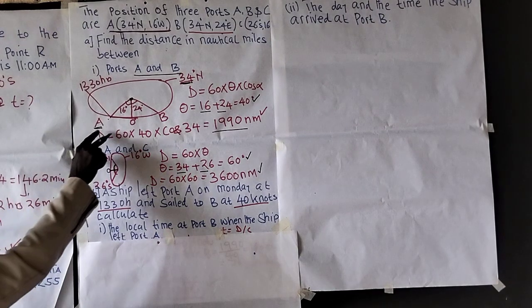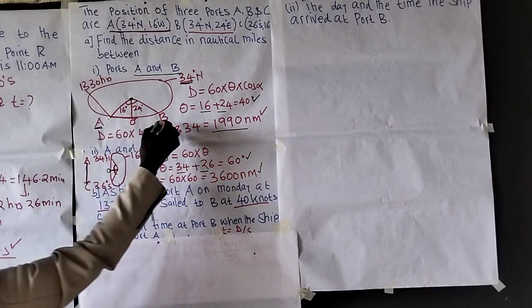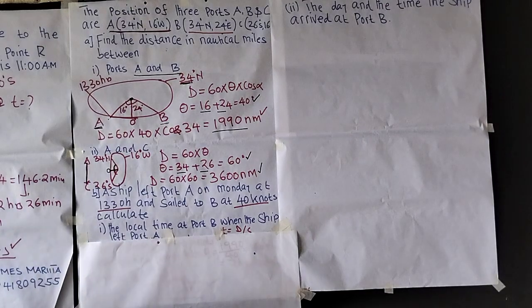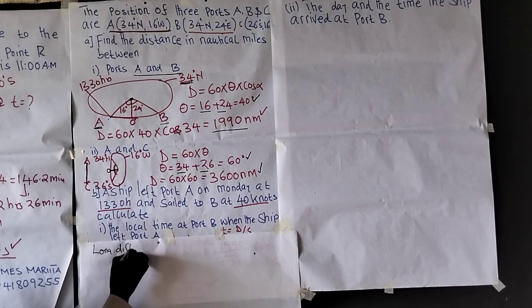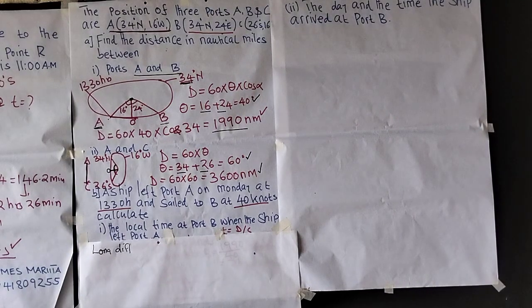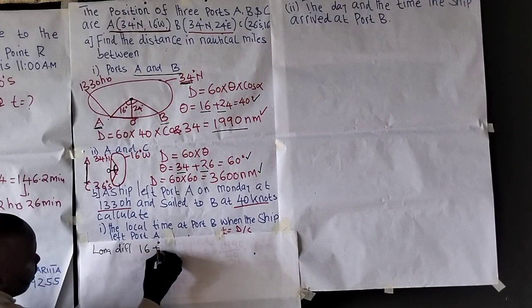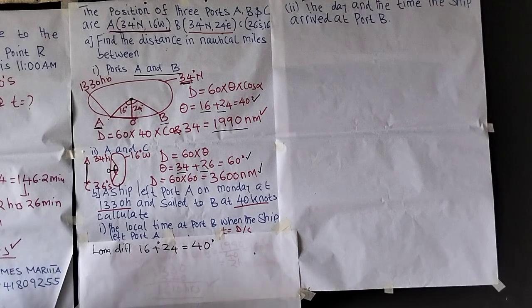We need the longitude difference between A and P, which is 16 plus 24, giving us 40 degrees.